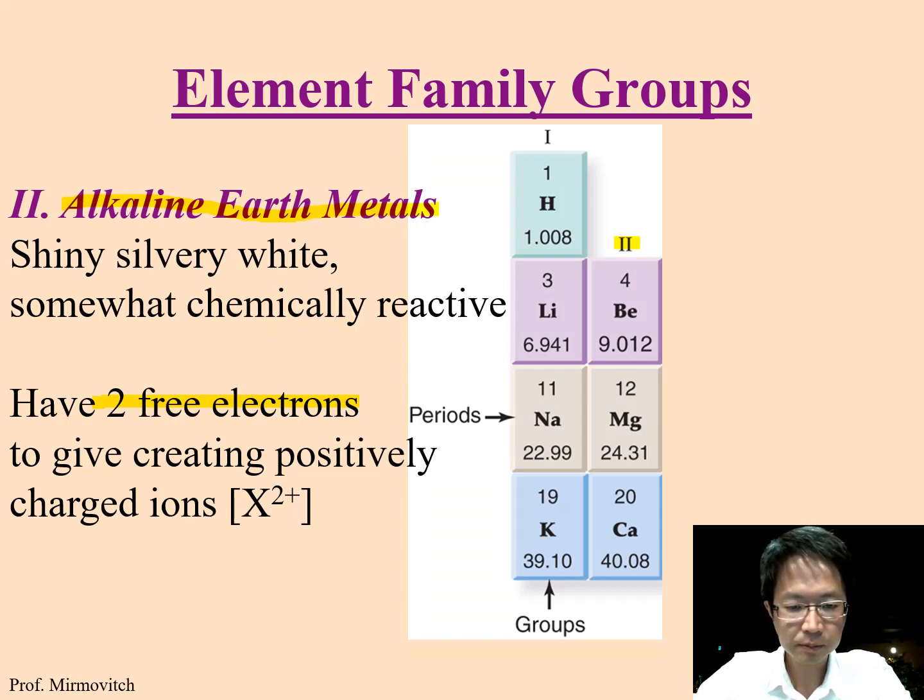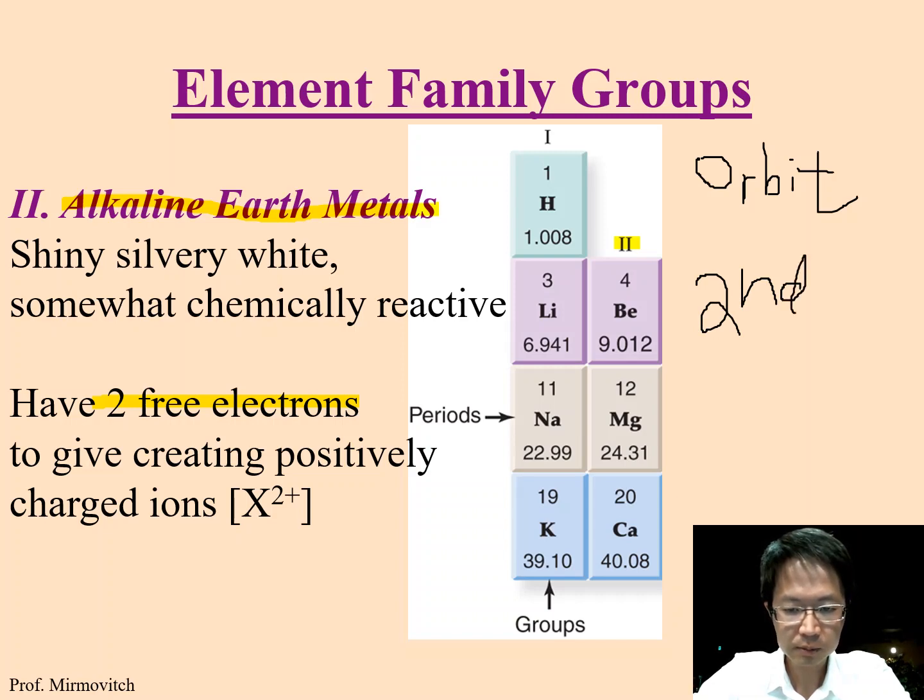So for beryllium, yes, 2 free electrons on the second orbit. Magnesium is the third orbit, it has 2 free electrons. And then calcium has 2 free electrons in the fourth orbit.